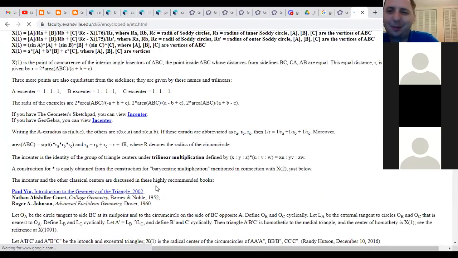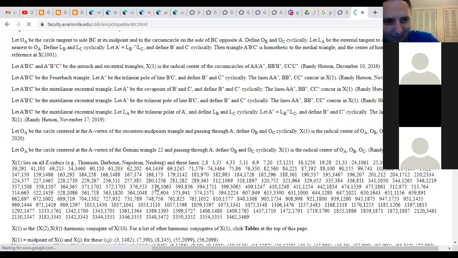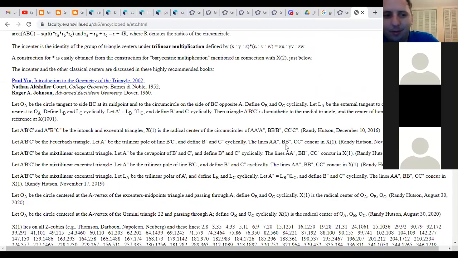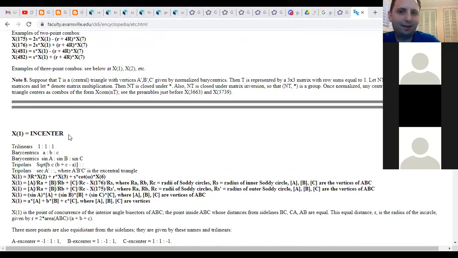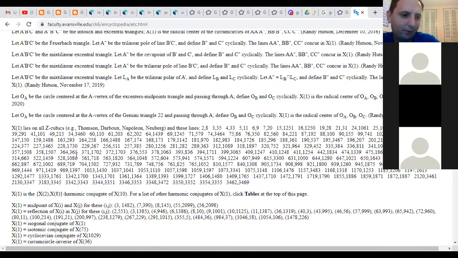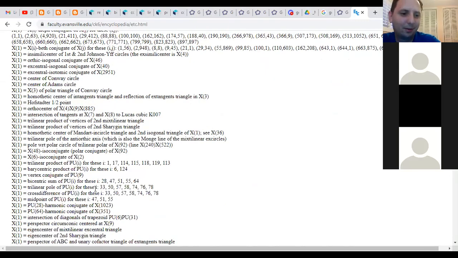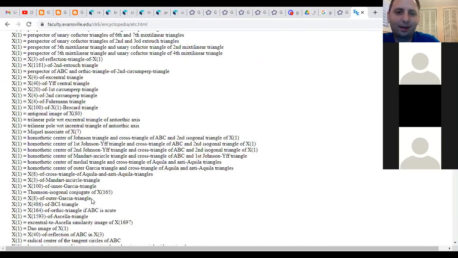What do you want, me to pick a random triangle center? I think this might be a little too weird. No, there are no problems, it just tells you, for example, this is the incenter, and it tells you it's the center of the incircle, and then I'd have to look up what that is. I don't know if you've seen this before, but I'm just going to take problems from the book. I agree.